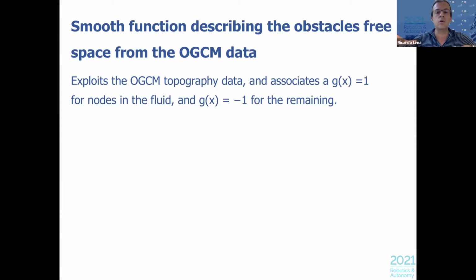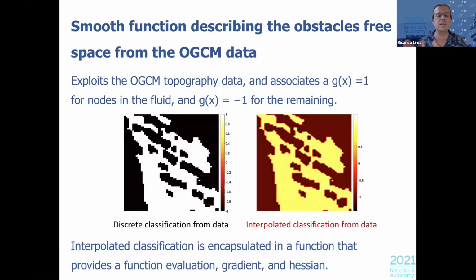It can be land or it can be the seafloor. And so here in these figures on the left, what we have is a discrete classification of the data with 1 and -1. But in fact, what we need is a smooth function that we can use in our nonlinear optimization.